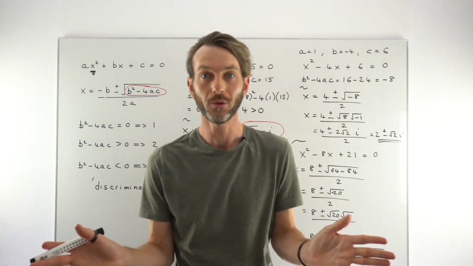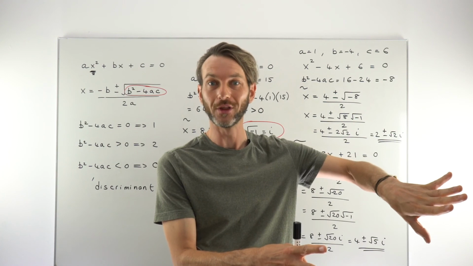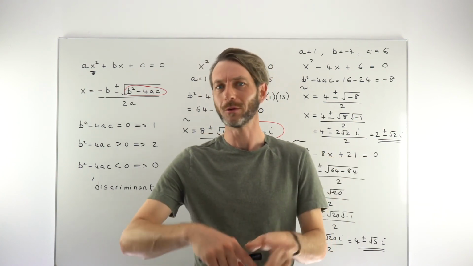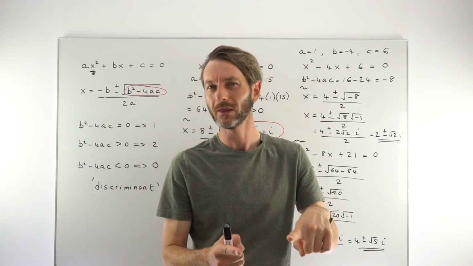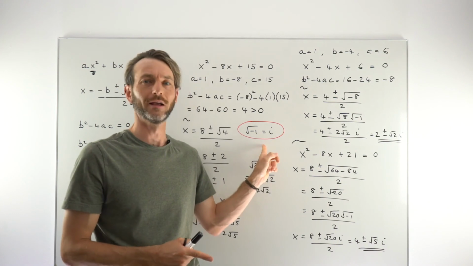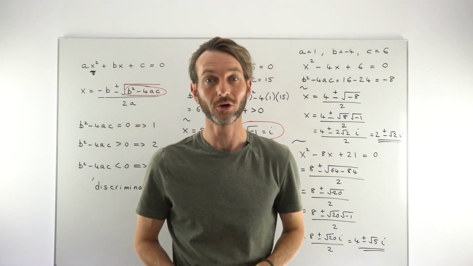And your teacher might just stop there and say, hey, if that happens, there's just no solutions. And that generally is what happens for maybe a year or a couple of years. And then your teacher comes back to it and says, hey, that thing that had no solutions, let's make up this i thing and say that there are no solutions in the real numbers, but there are complex solutions.